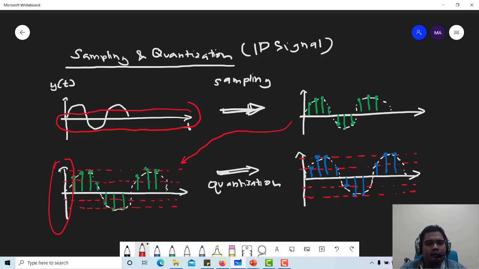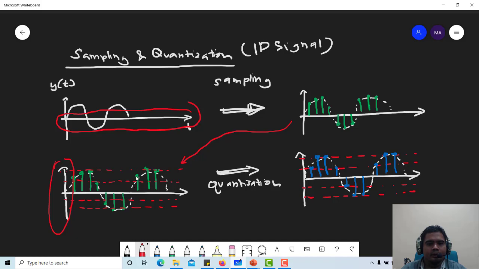Let's say these are the points that can have values, meaning that between these red dotted lines there should not be any numbers, because we want to digitize those points. That's why we only have this point, this point, and this point. After quantization, every point which is not in line with the dotted line is set to the one nearest to that line.